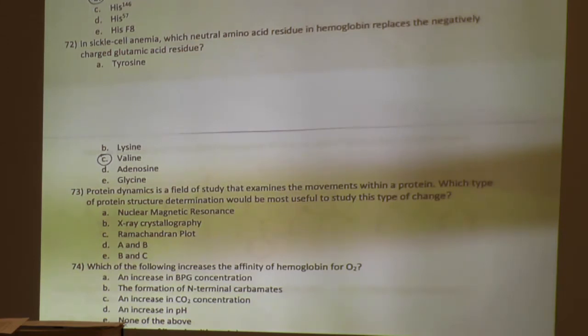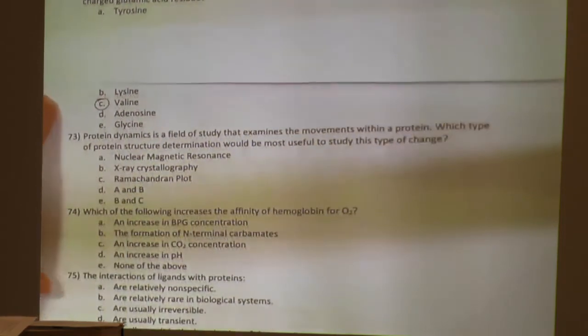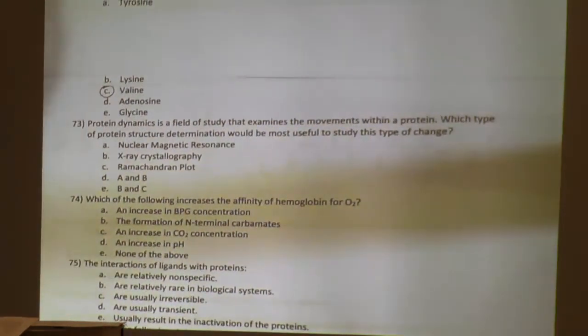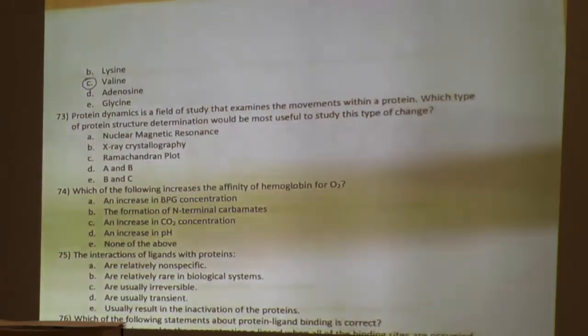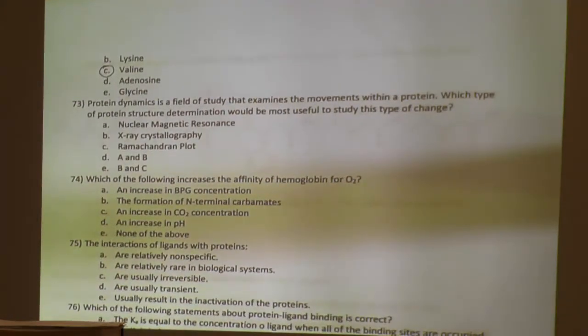So, 73. Protein dynamics is a field of study that examines the movements within a protein. Which type of protein structure determination would be most useful to study this type of change? Does anybody know?